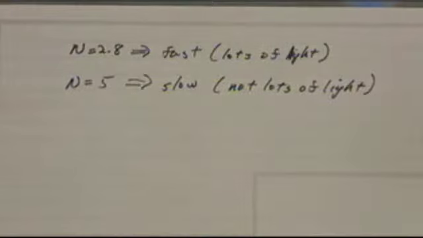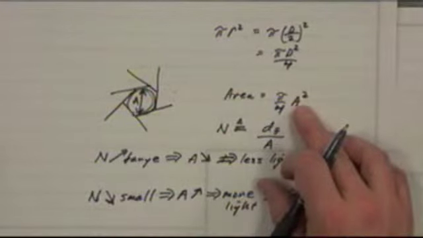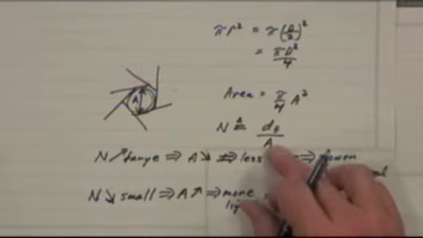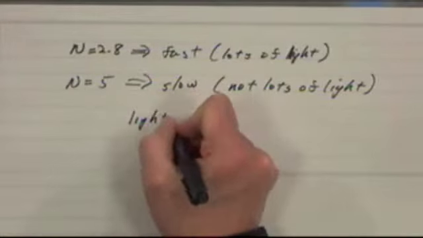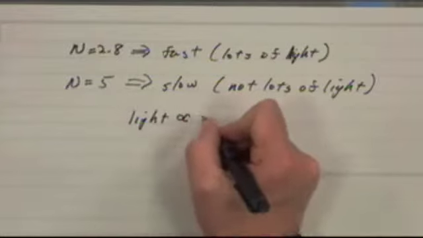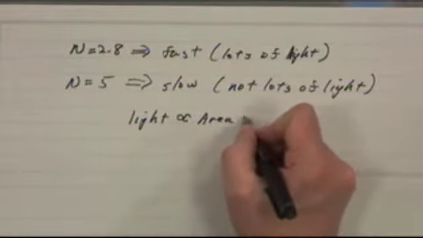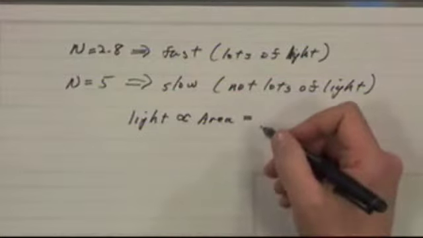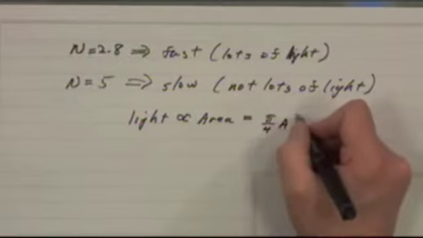Now, the other thing that's interesting is if you look at this formula, the area is proportional to a squared, and n is inversely proportional to a. So light is proportional to area, which is equal to pi over 4 a squared.